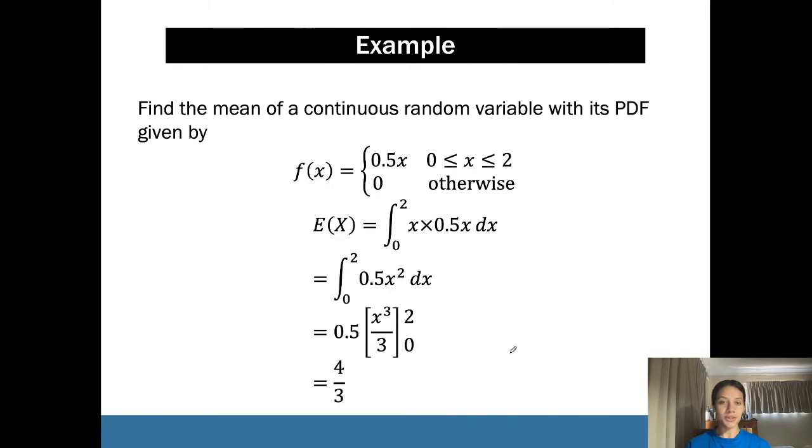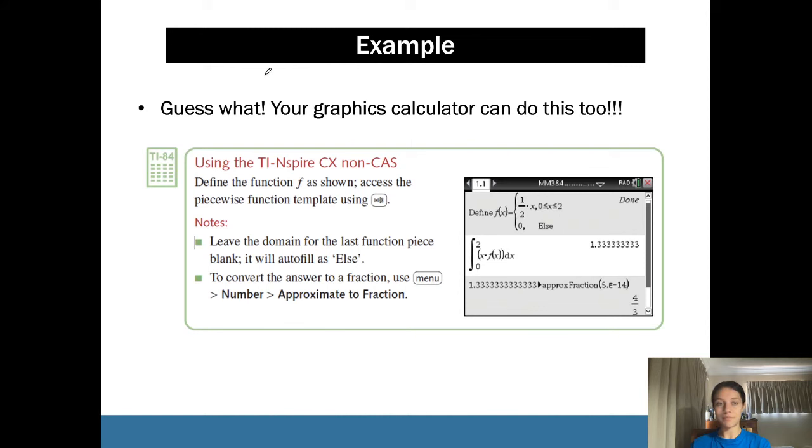I'll show you the working out. You substitute in your upper and lower bound, multiply the function by x so it becomes 0.5x squared, then do your usual integration for a definite integral. The working out is listed there. If you want to check it out in more depth, it's in the slideshow.